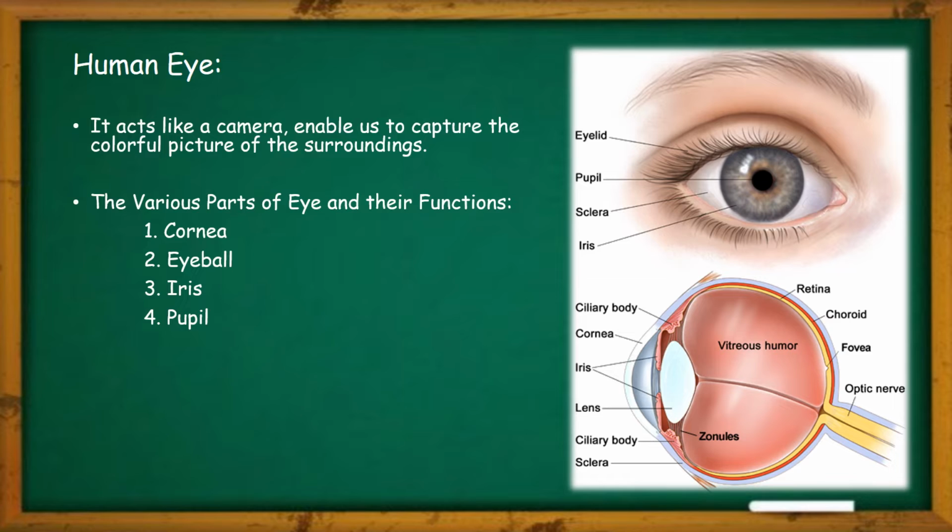But how is this pupil a very important part of our eye? Yes, it is very important because light enters into our eye only through it, and it is very sensitive to the intensity of light, because it is the opening through which the light enters into our eye.